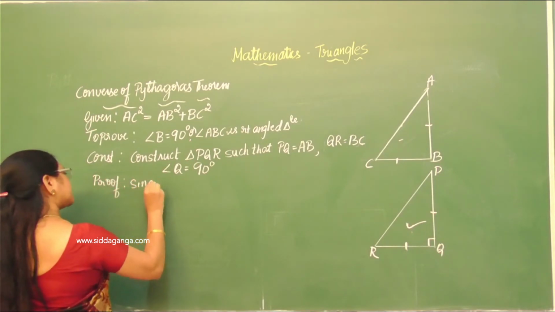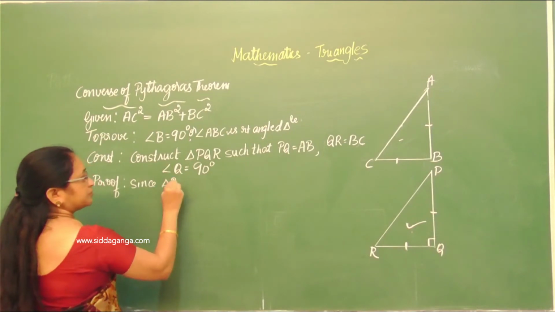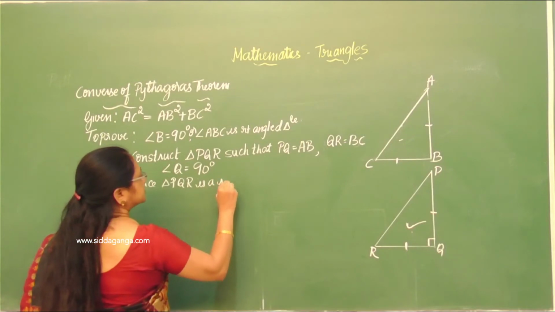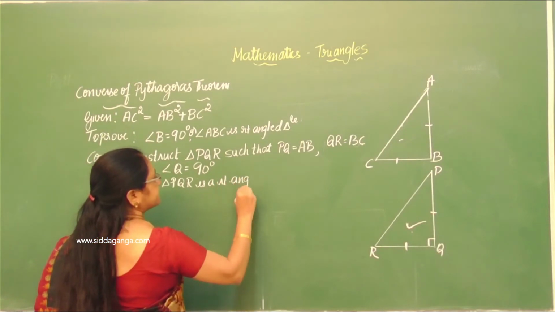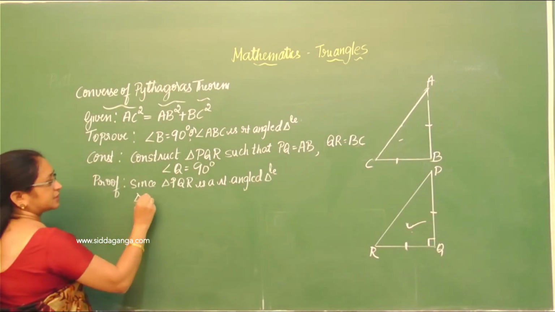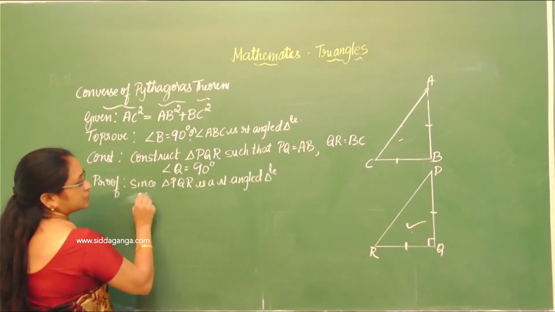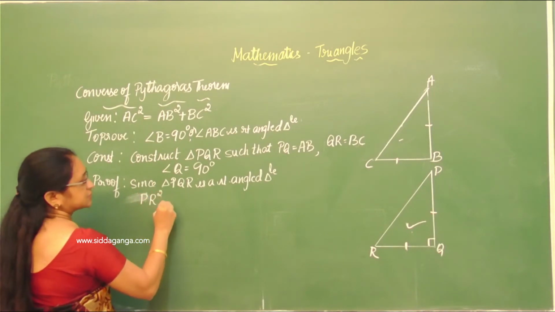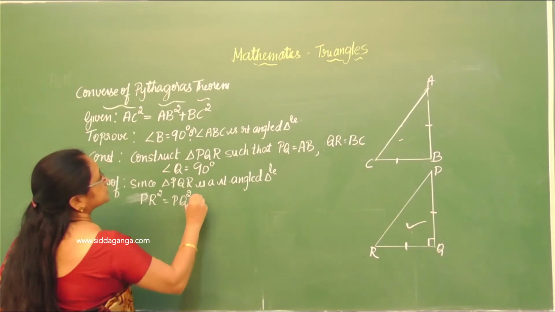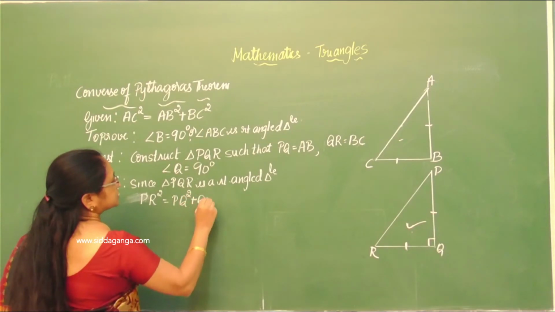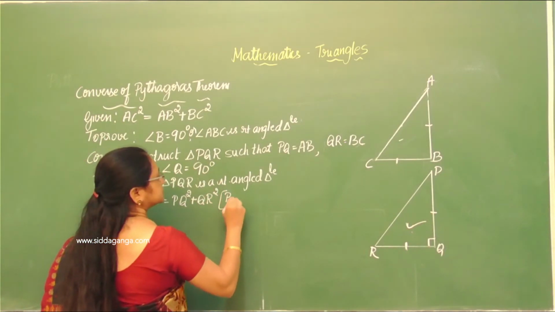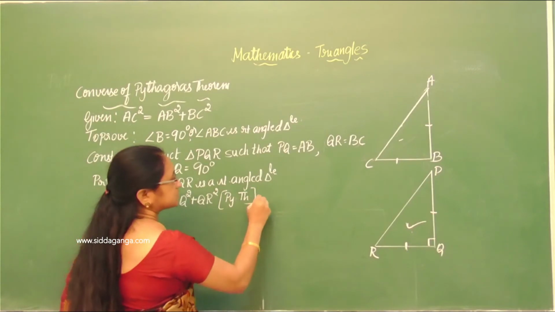Since triangle PQR is a right angled triangle, can I write PR square is equal to PQ square plus QR square? Okay, because by applying Pythagoras theorem.